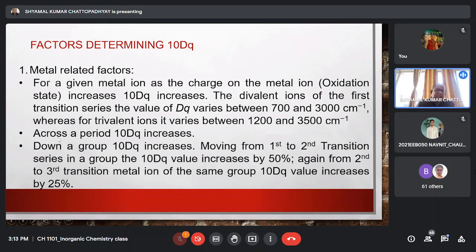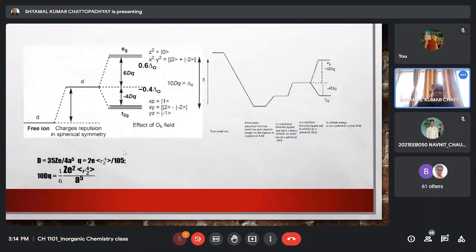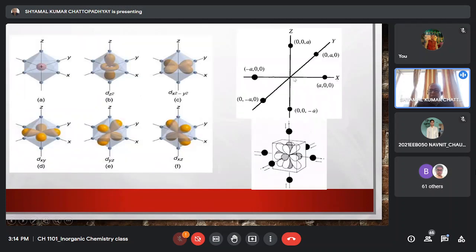Then across a period, 10 Dq will increase. That means for any given transition series, as we move from left to right, what will happen? The nuclear charge increases, but we know that shielding does not increase much. So the effective nuclear charge increases on moving from left to right, and since the metal ion radius decreases, the metal ligand bond length decreases, right?